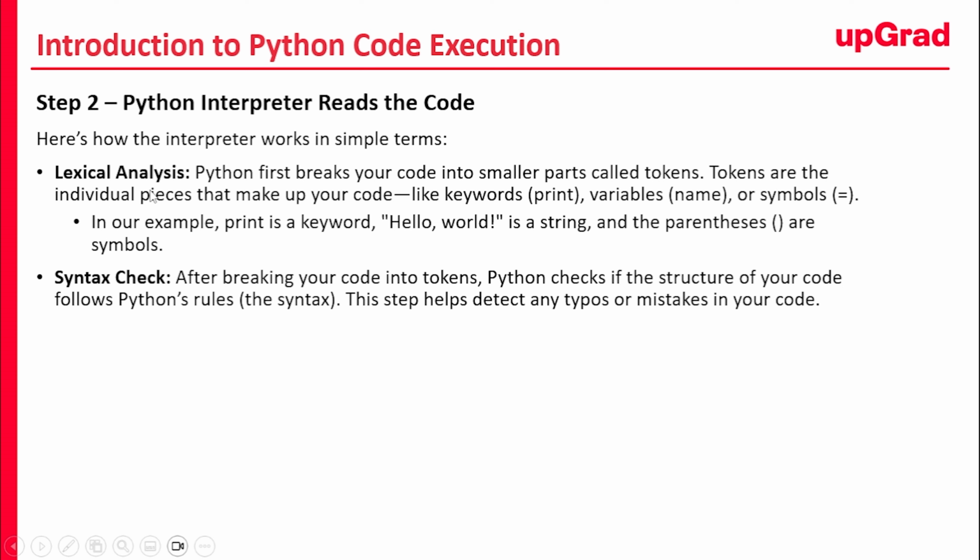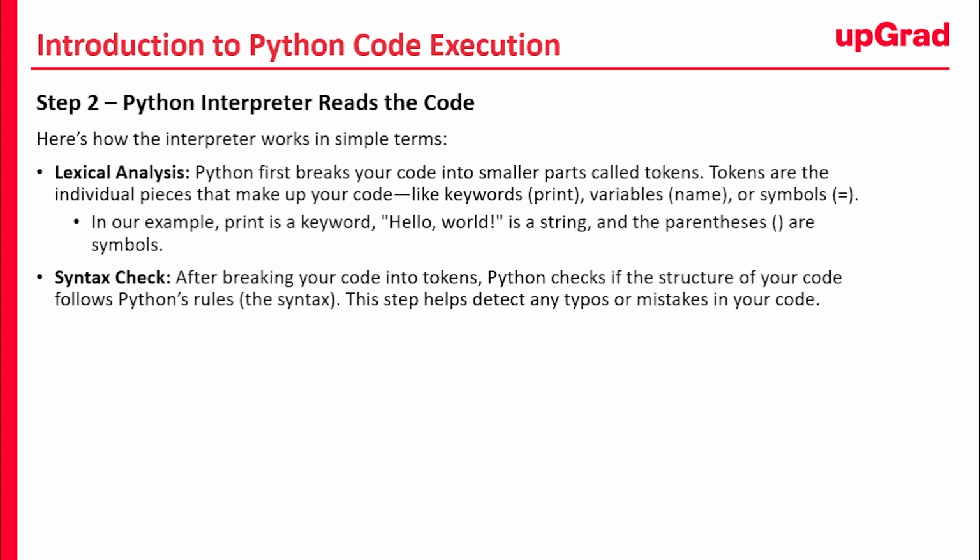Lexical analysis is the first step. Python breaks your code into smaller parts called tokens. Tokens are individual pieces that make up your code, like keywords, variables or symbols. We will learn about keywords, variables and symbols in the upcoming videos. But in our example, print is a keyword, hello world is a string and the parentheses are symbols.